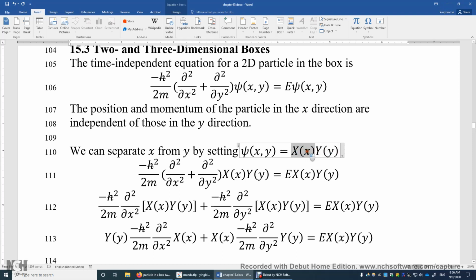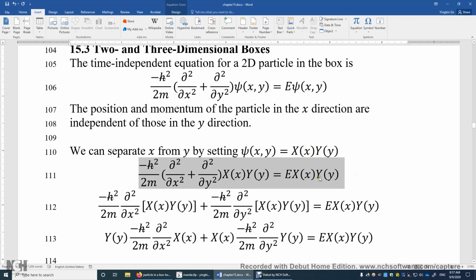The function of x is uppercase X. The function of y is uppercase Y. So we replace psi in this Schrodinger equation with X times Y, and we get this equation.